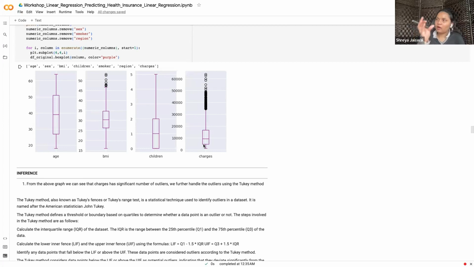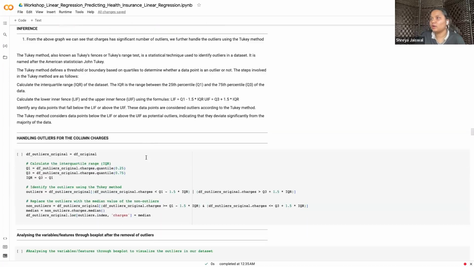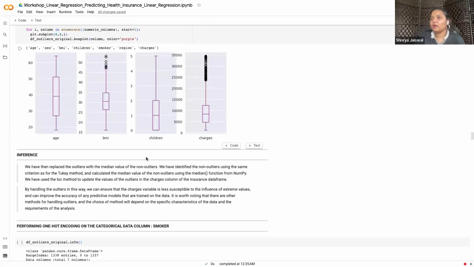The values above the higher quartile range are what I'm trying to eliminate, because I don't want that. Most of my data resides in this range, so I'm going to focus only on this data. That is what this method is doing.